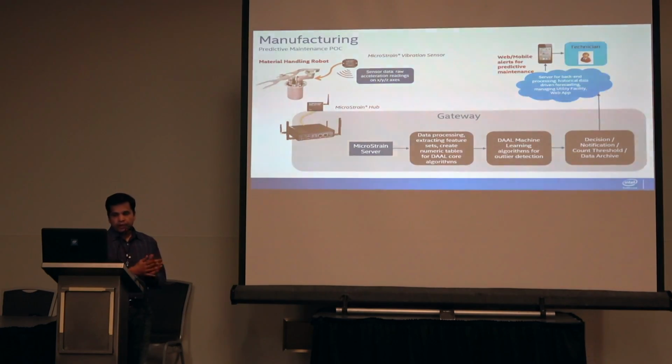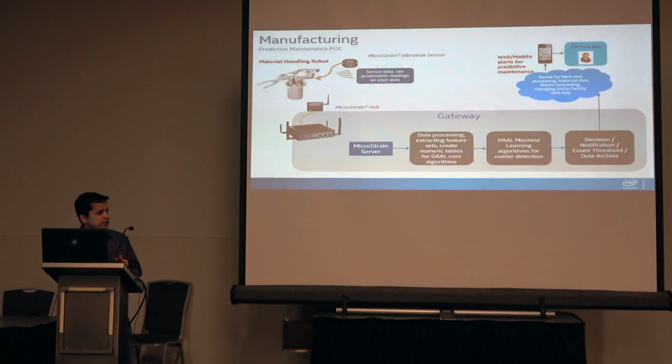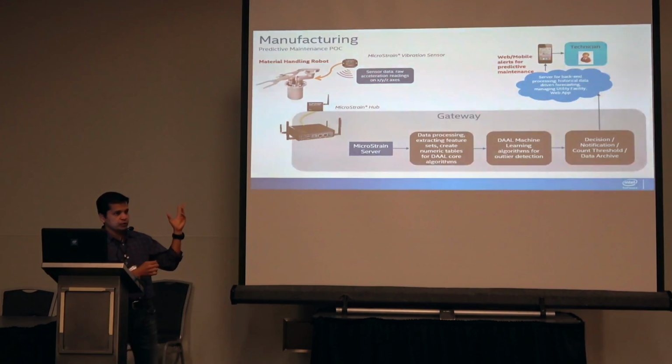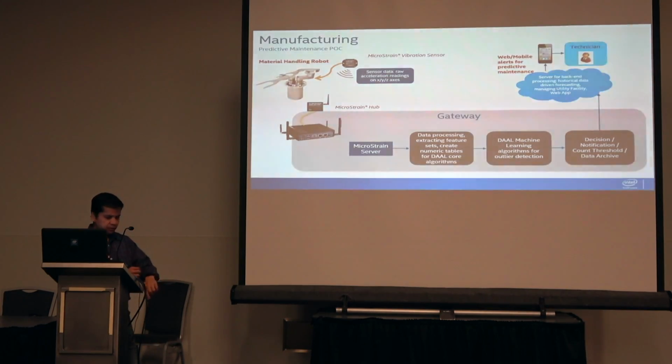The other POC that we are working on is in the manufacturing field. These robots have bearings at each of their elbows, and those bearings are the ones that are more susceptible to damage.